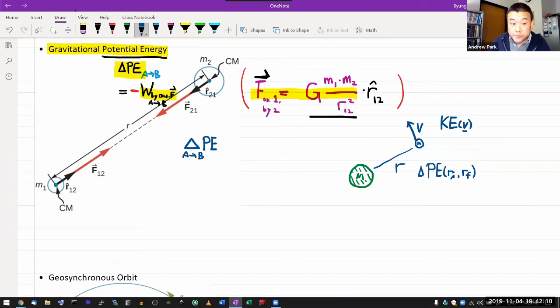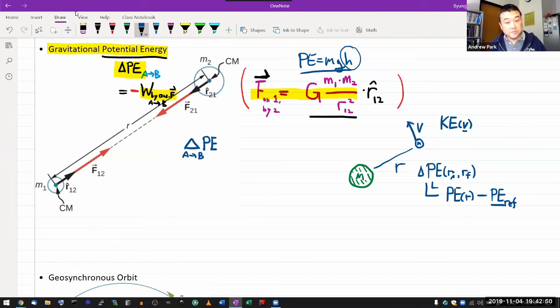What it would be wonderful for us to be able to do is to say that this change in potential energy is the potential energy at some point minus the potential energy at some reference point. And come to think of it, that is what we do all the time. For example, when the potential energy is mgh, we always, either implicitly or explicitly, define where the height is measured from.